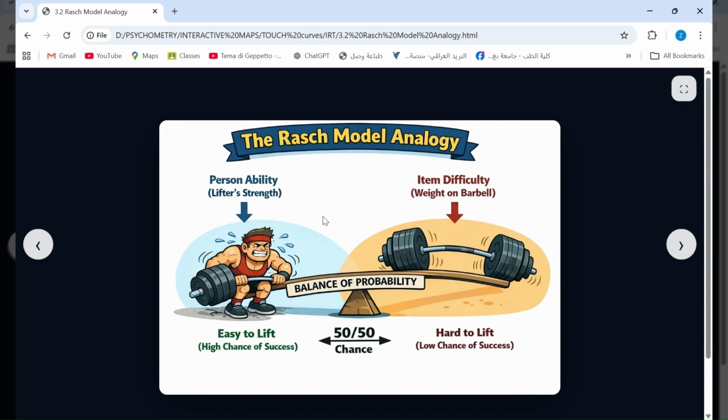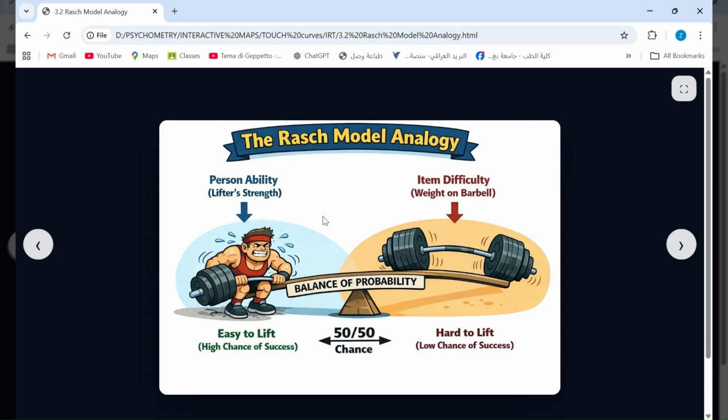So the more weight the barbell has, the less is the chance of him lifting it. It's like the more difficult an answer is. And if we fix an ability, the more difficult it is for that ability group to answer, the less is the probability that they will answer that question.